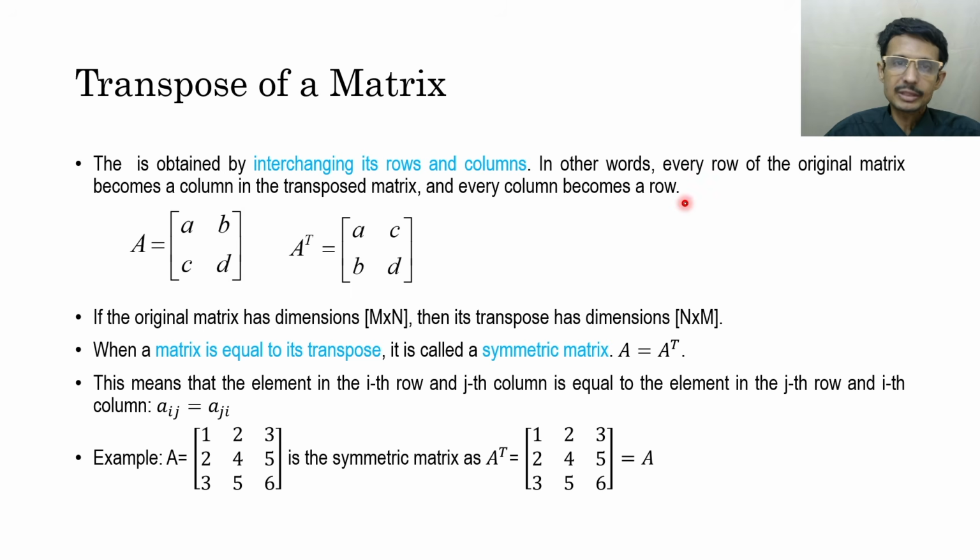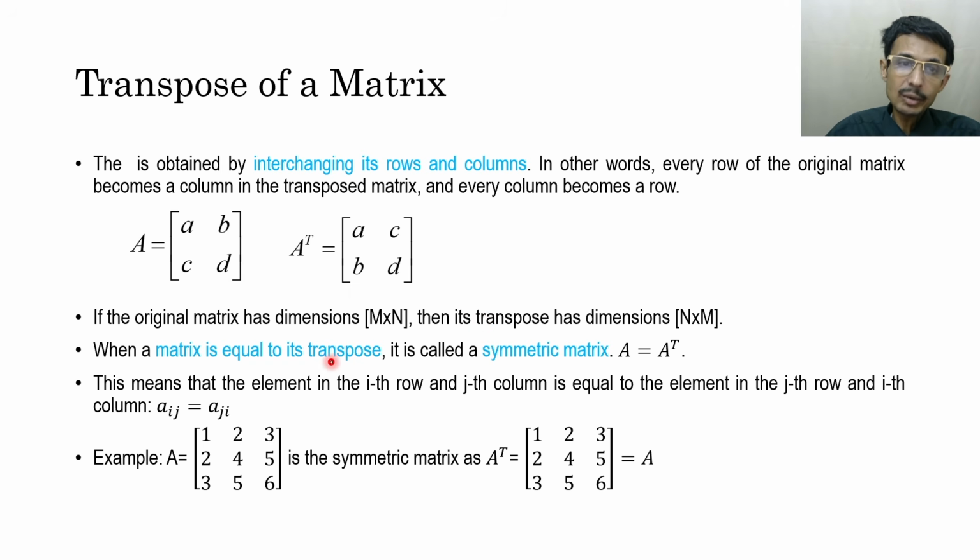AB is a row, now it becomes the first column. CD is another row. If the original matrix has dimension m into n, then its transpose has dimension n into m, because rows become columns and columns become rows.